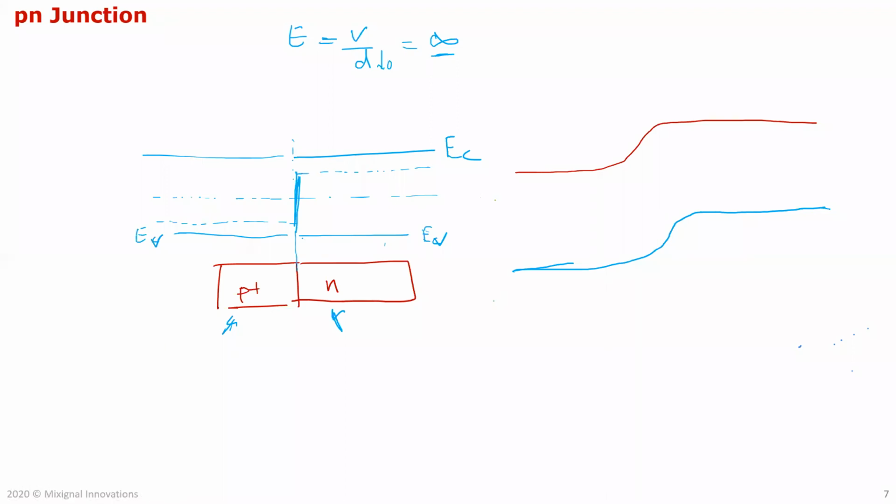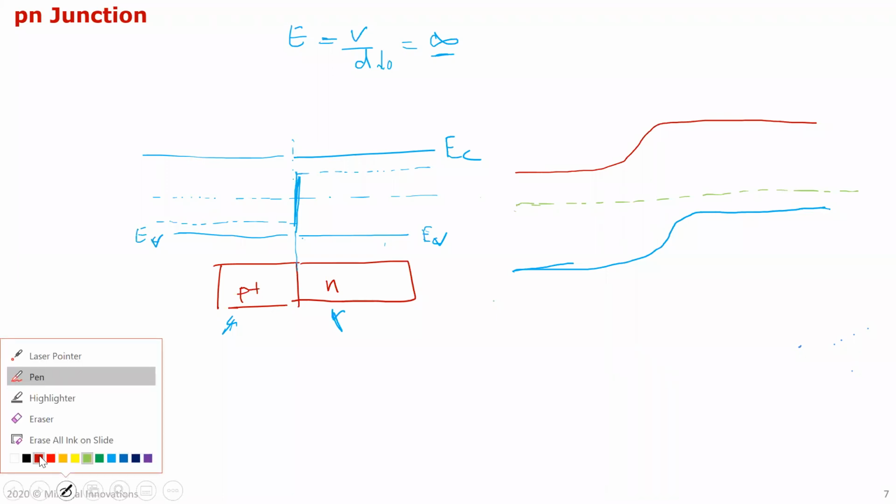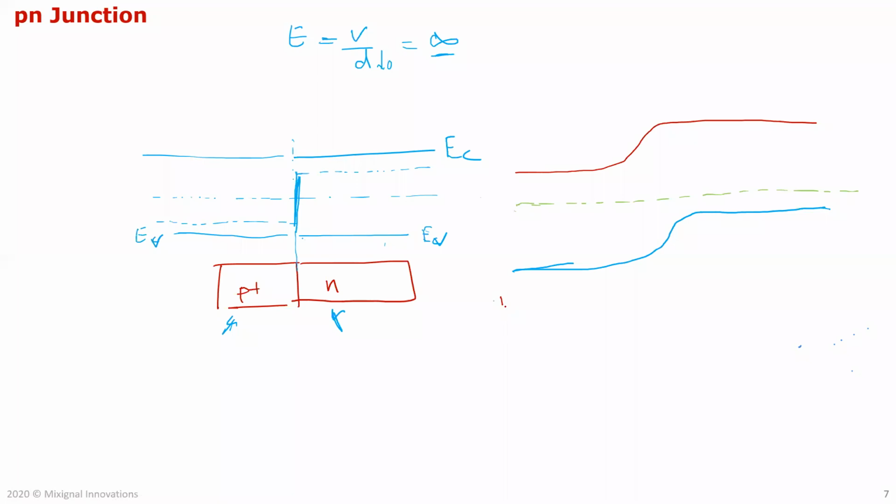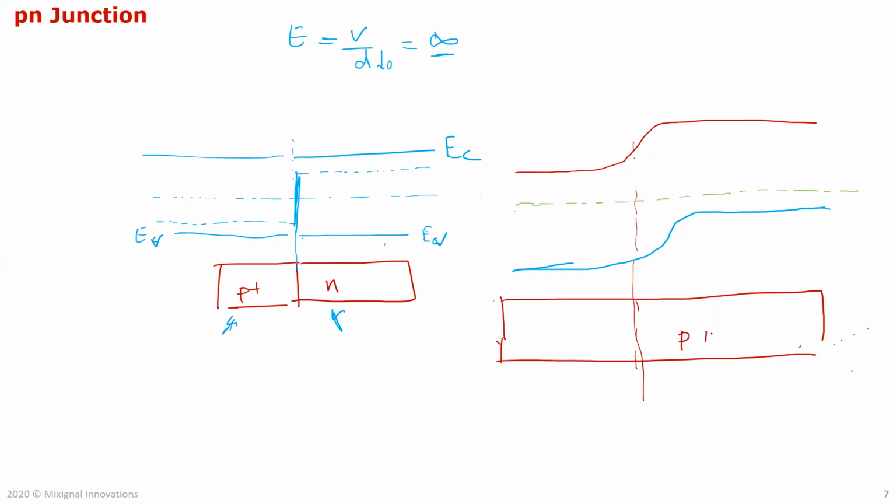Let's say now this is the resultant Fermi level, which has to be constant according to thermodynamics. I kind of switched the P and N type, so now this is my PN junction. Sorry, this is not very symmetric, but just bear with me. I kind of drew it opposite, so this is P plus N.